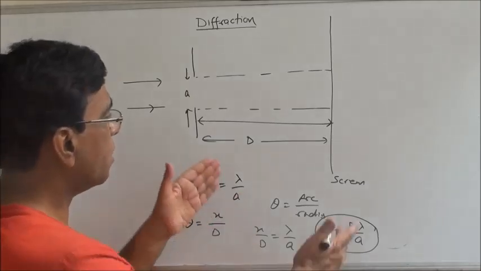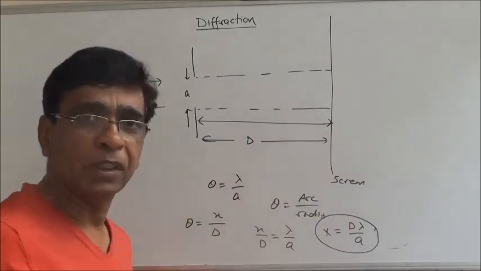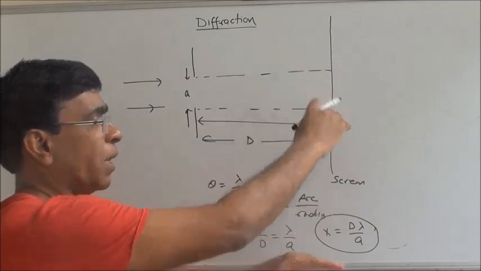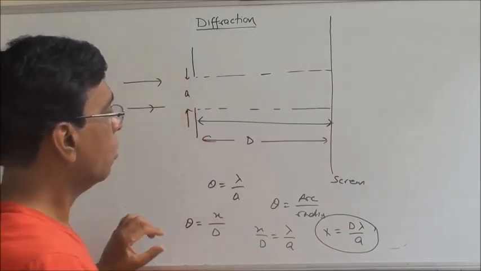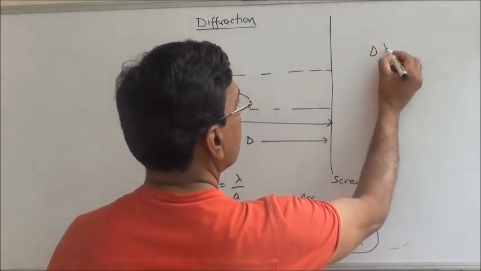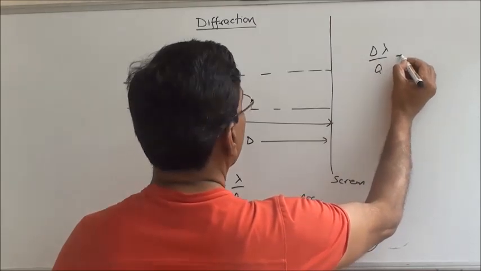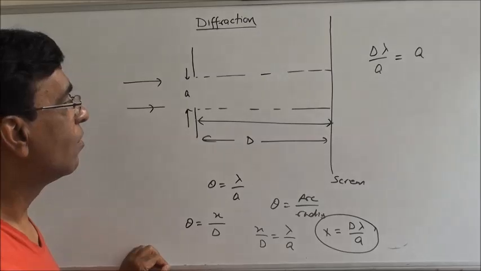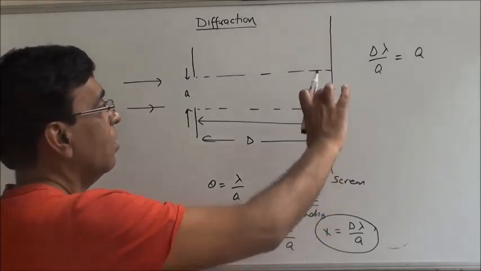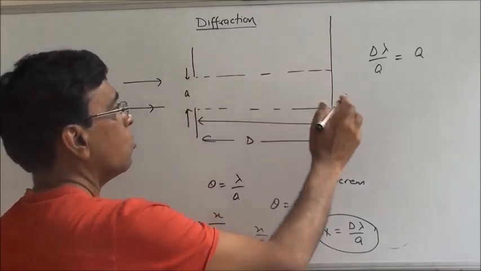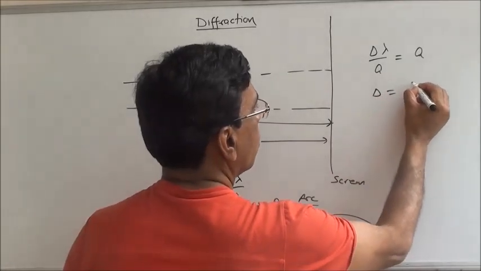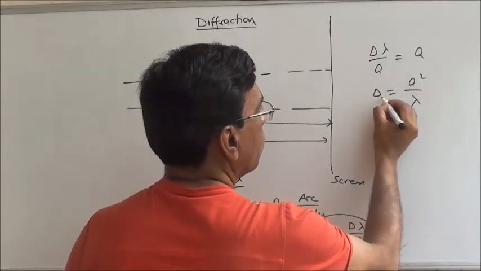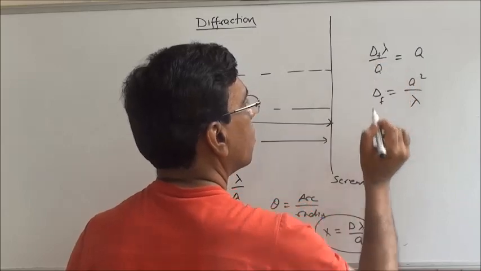Fresnel distance is that distance up to which this spread is equal to this. So if D lambda by a is equal to a, this spread equals a, then this is called Fresnel distance.